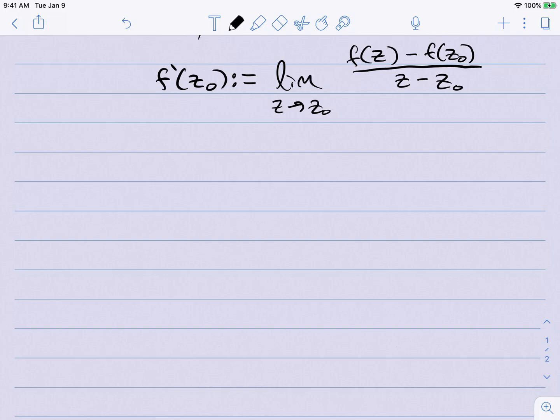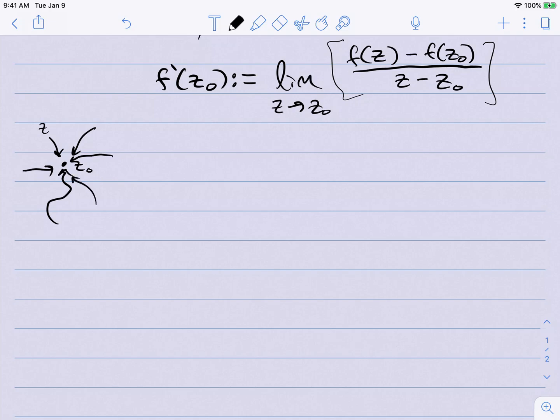And again, just like with limits, this is a limit. So another thing that makes this different than in usual calculus is z can approach z naught from many different directions and in many different ways. And so this expression, as z approaches z naught, has to be the same no matter how you approach z naught.